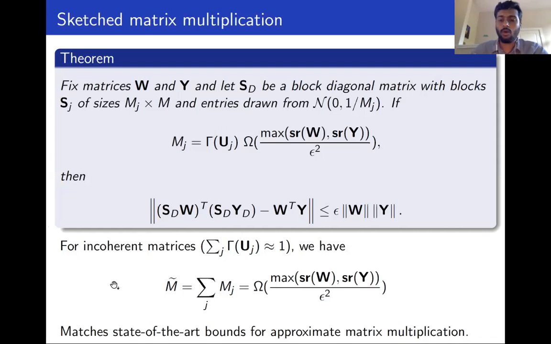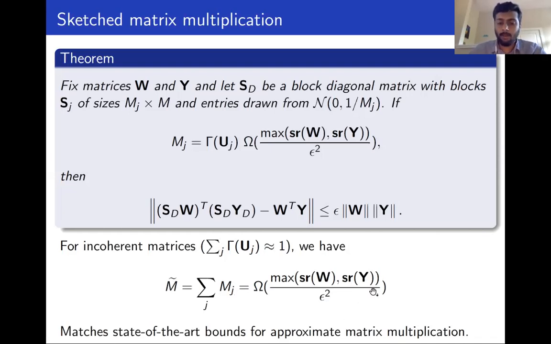And so what is the takeaway from this slide? For incoherent matrices, by which I mean the energy is well spread out across all these different data blocks, and these different gammas are all of the order 1/J, their sum adds up to 1, which means that the total sketching dimension adds up to just something proportional to the stable rank over epsilon squared.